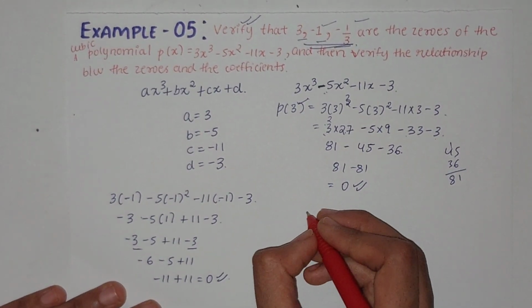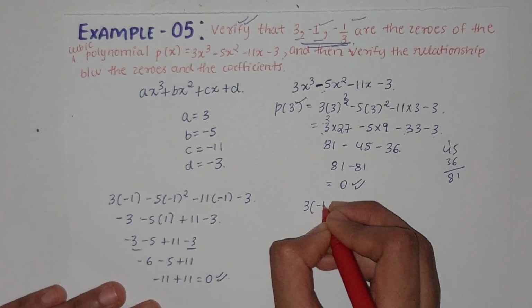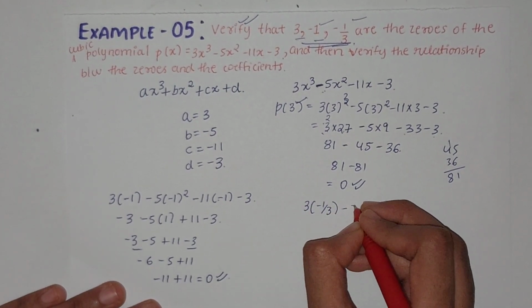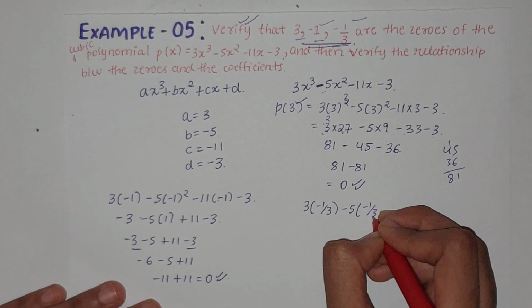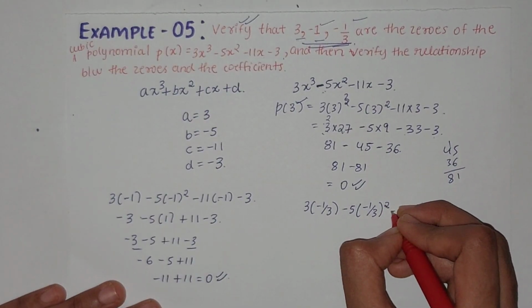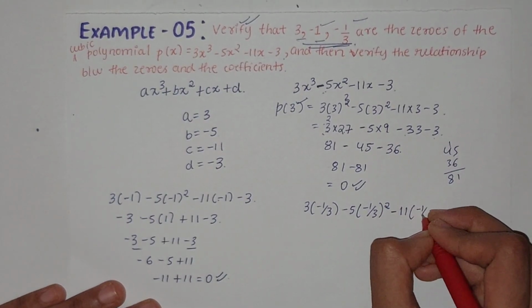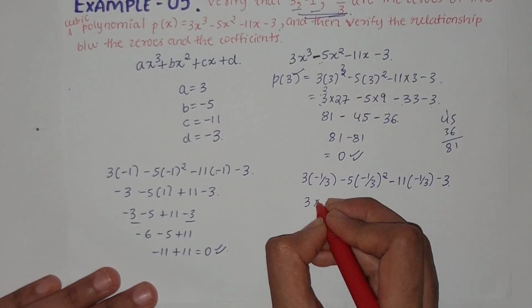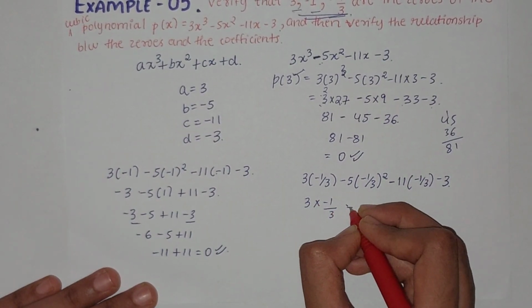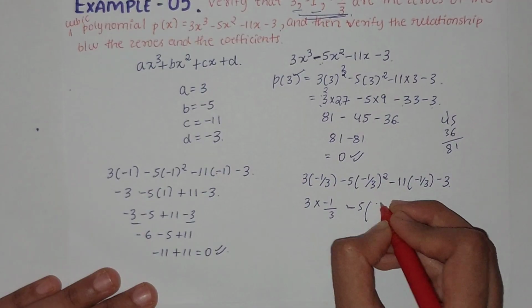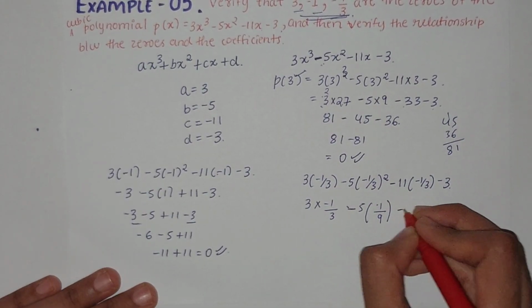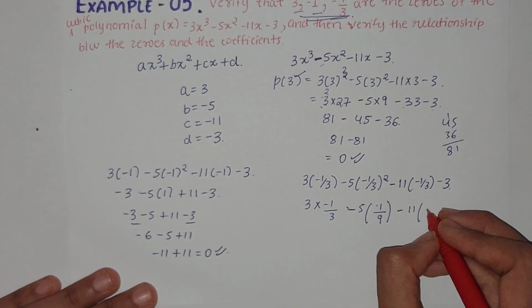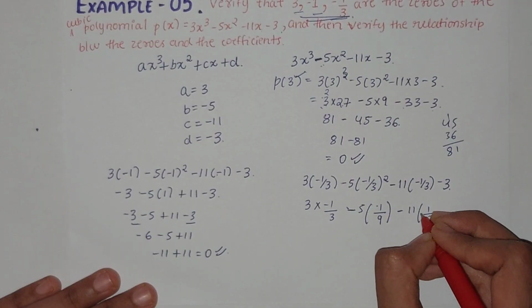Checking for minus 1 by 3. 3 into minus 1 by 3 minus 5 into minus 1 by 3 whole square minus 11 into minus 1 by 3 minus 3. So 3 into minus 1 by 3 minus 5 into 1 by 9 minus 11 into minus 1 by 3, right?